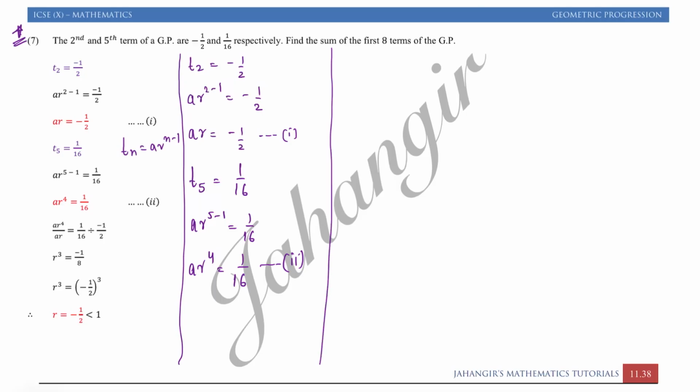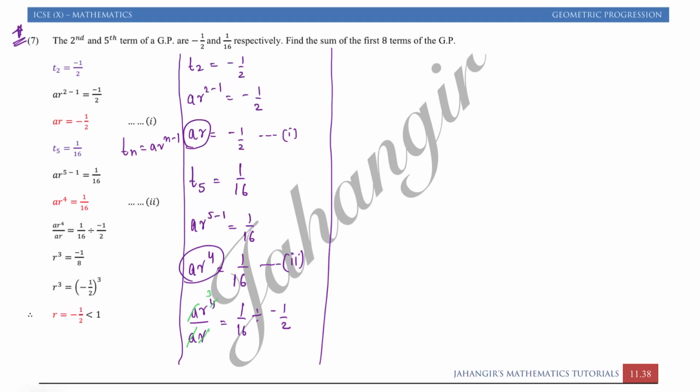We know what to do once we have these two terms. We will just divide, keeping higher degree in the numerator, lower degree in the denominator, degree of R. That is 1 by 16 divided by minus 1 by 2. So what we will do, we will just cancel out. A and A will get cancelled.